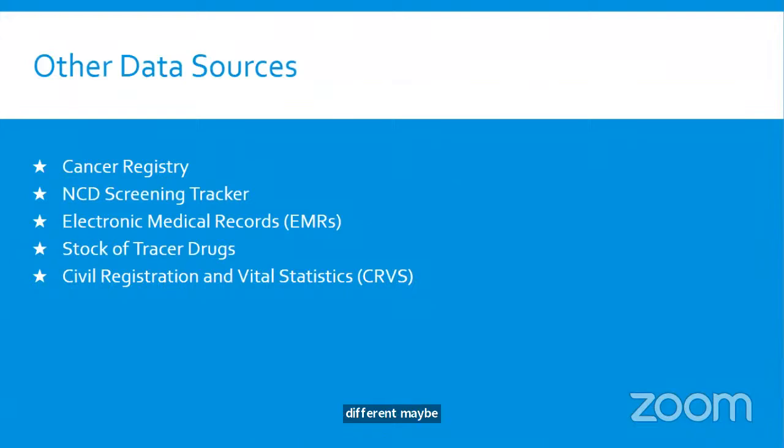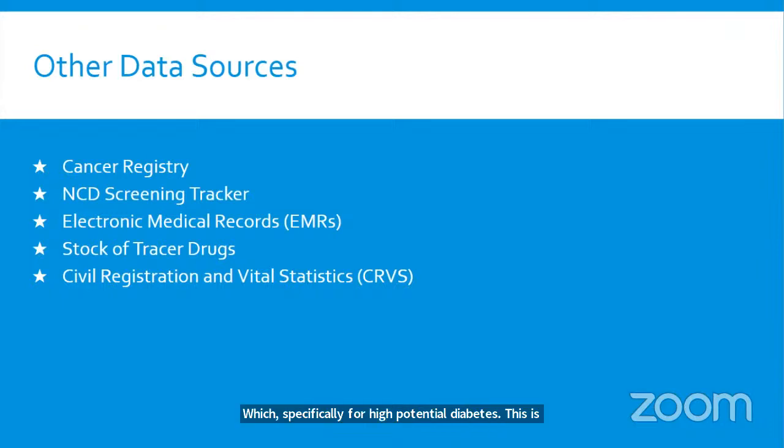Maybe going to other systems which are used apart from the main HMIS. There is a cancer registry. This is also based on DHIS2. There is an NCD screening tracker, which is specifically for hypertension and diabetes. This is DHIS2 as well.